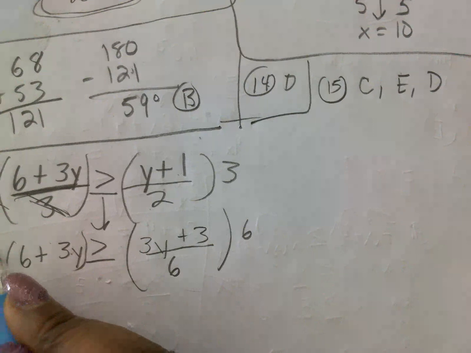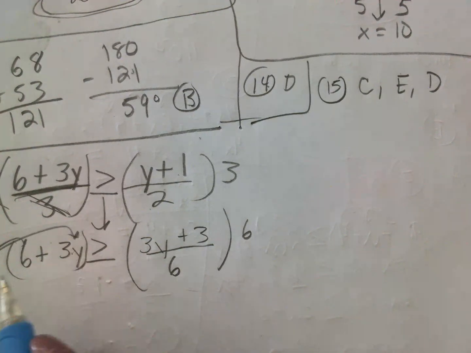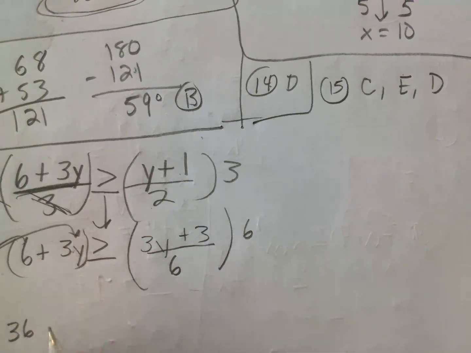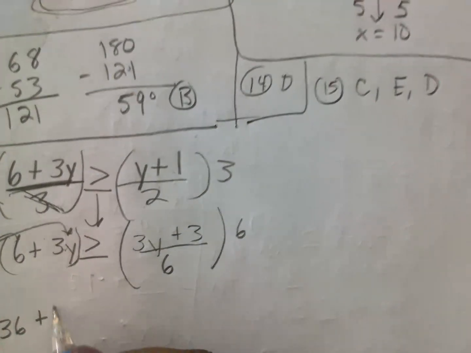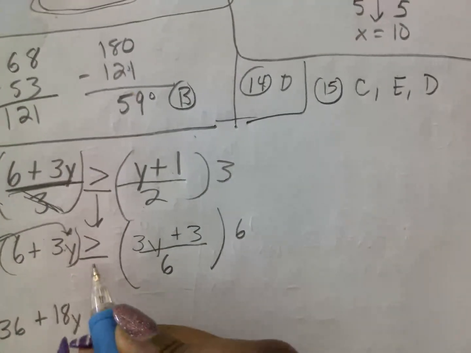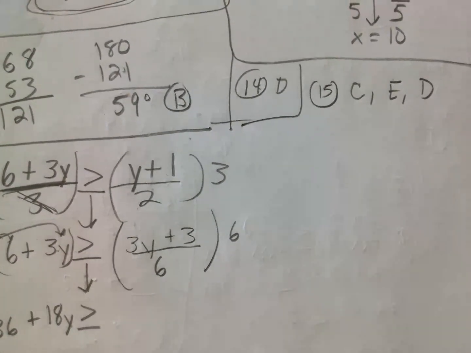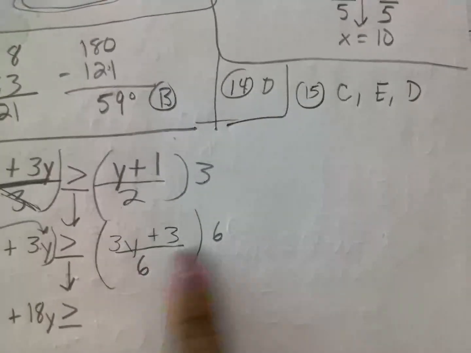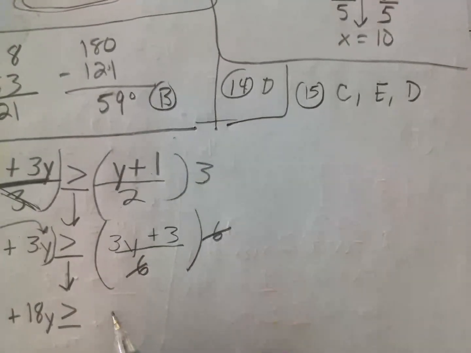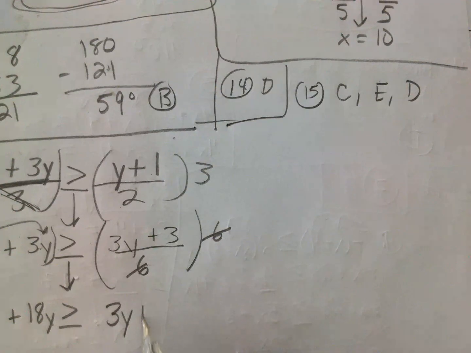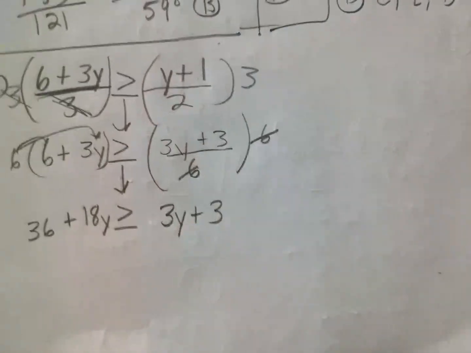It's distributive property. 6 times 3y is going to be 18y. Bring down the inequality. And then on this side, the 6 cancels out, so I'm left with 3y plus 3.